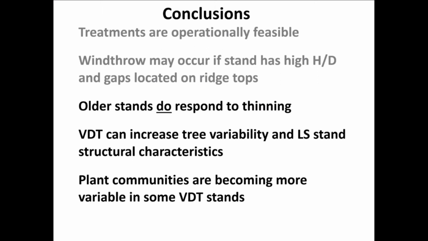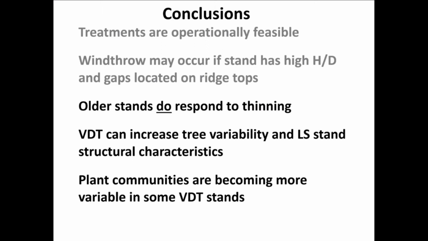So, in conclusion, I didn't present any information today, but the treatments were definitely operationally feasible. These are all done as advertised timber sales, and we were able to achieve the implementation of our treatments, and I think we were quite successful in achieving what we wanted to do.